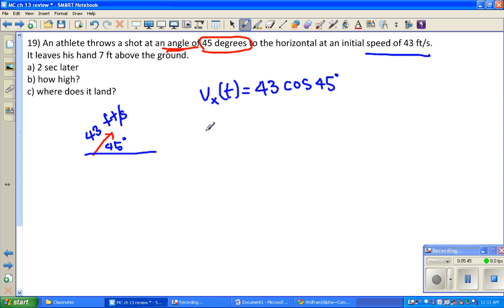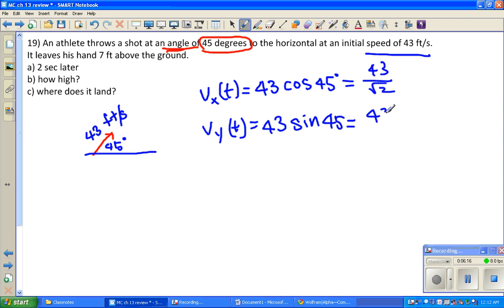And the vertical component, in this case, happens to be the same kind of value because of the measure of the angle, cosine of 45 and sine of 45. Here we have sine of 45. Now, both of them will in fact be equal to 43 over square root of 2, because cosine of 45 is 1 over square root of 2, or radical 2 over 2. However, we want to memorize it as 1 over radical 2.